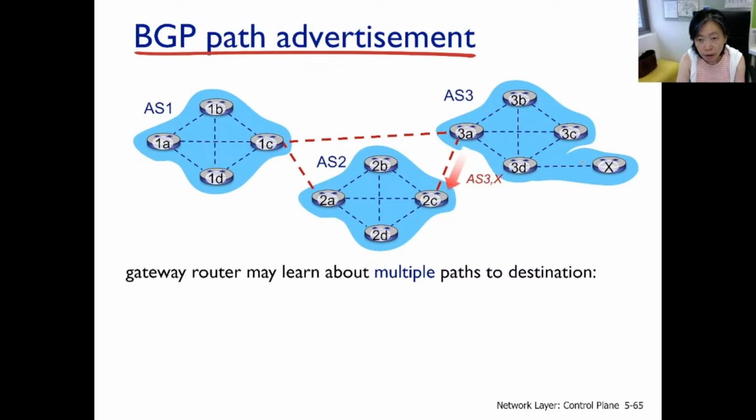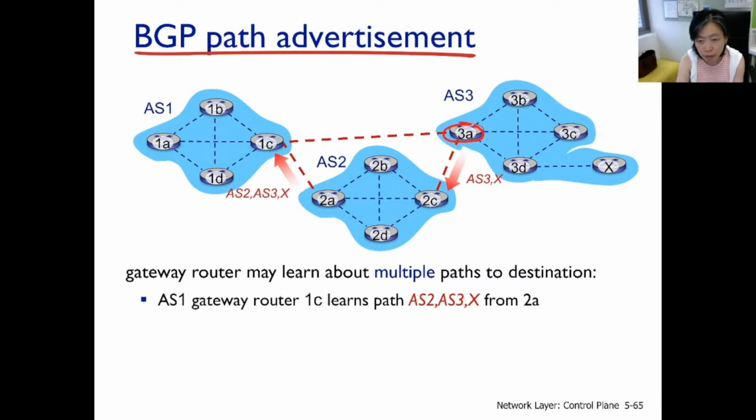One of the paths is this: AS3's 3A sends AS3 X as an advertisement to 2C. 2C checks the import policy and passes it on to all the routers internally. 2A picks it up, checks the export policy, and let's say it allows advertisement of the path further. So prepend AS2 to the path and send it further. At this point, 1C learns the path AS2, AS3 to destination X. And the way to go is for 1C to send to 2A.